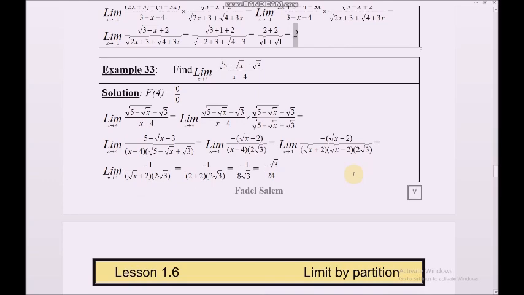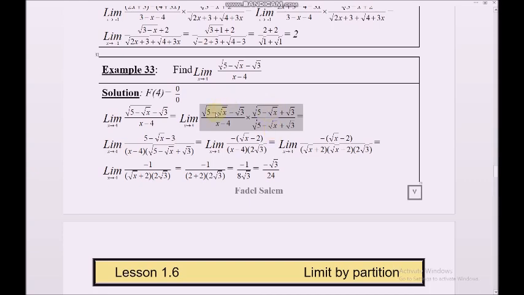Example 33. It's about also square roots above. First step is direct substitution as usual. It's 0 over 0. Now multiplying by root 5 minus root x plus root 3, up and down.